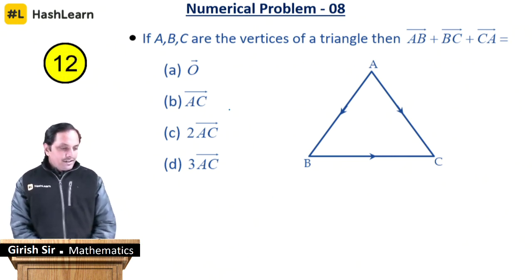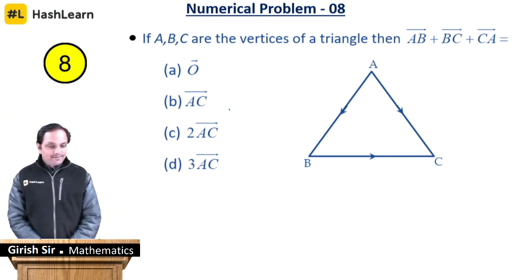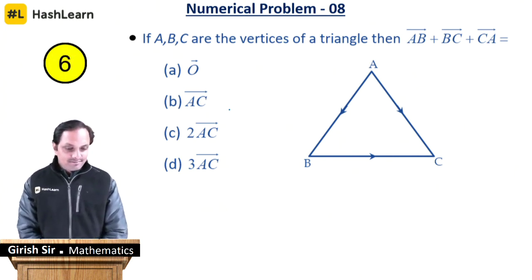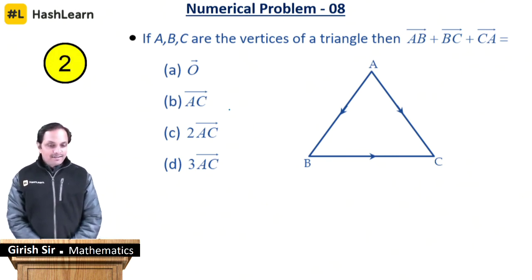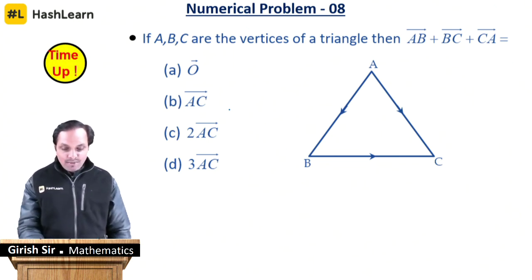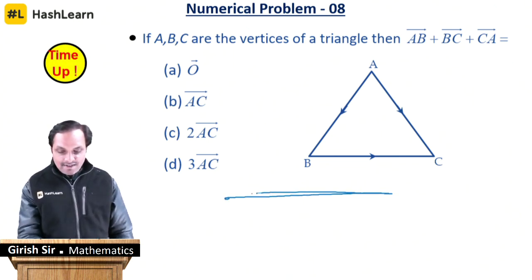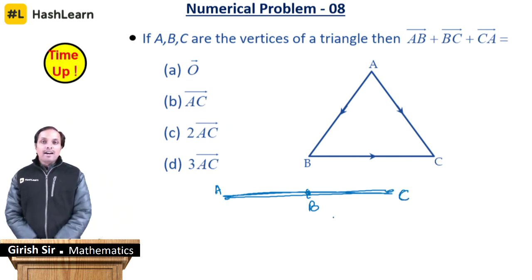Himanshu, collinear condition. Okay. न्यूमेरिकल 8 क्या हुआ, हो गया? या सो कोलिनियर बोले तो कोलिनियर, लीनियर इज नथिंग बट ए स्ट्रेट लाइन. ओके, यहाँ पे 3 पॉइंट्स अगर ए बी सी, you have 3 points A, B and C.